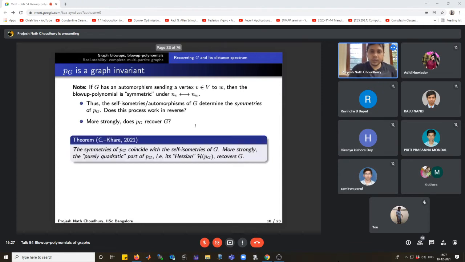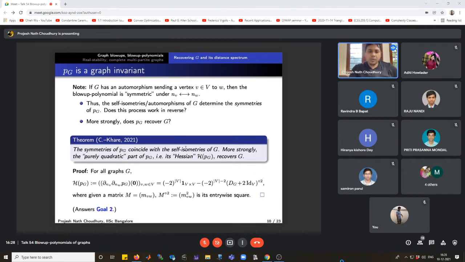The symmetries of PG are the same as the isometries or automorphisms of graph G, and more strongly, the purely quadratic or the Hessian part of the Blowup polynomial determines the graph G. So I don't need the constant, linear term or higher order terms. Hessian alone is sufficient to recover the graph G.